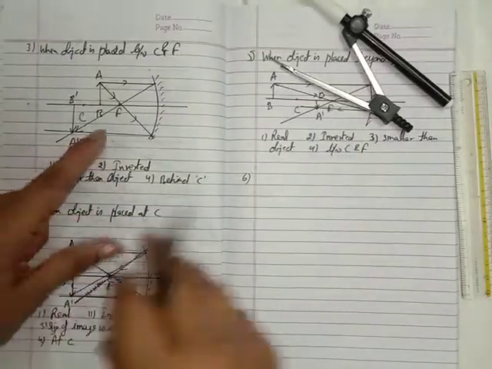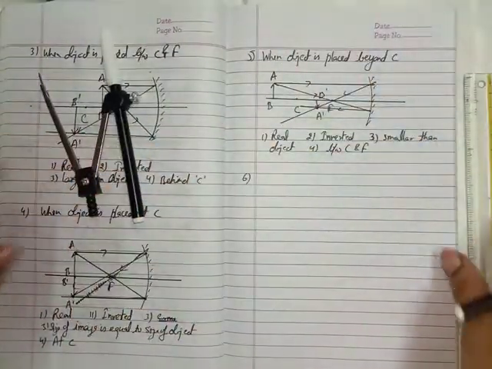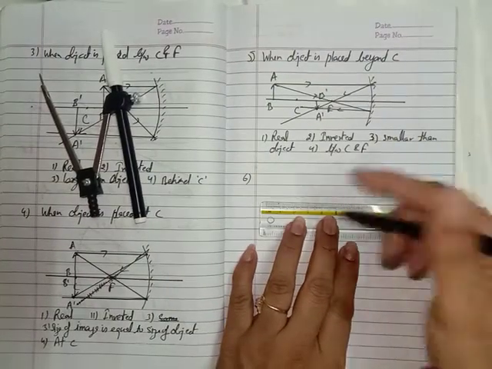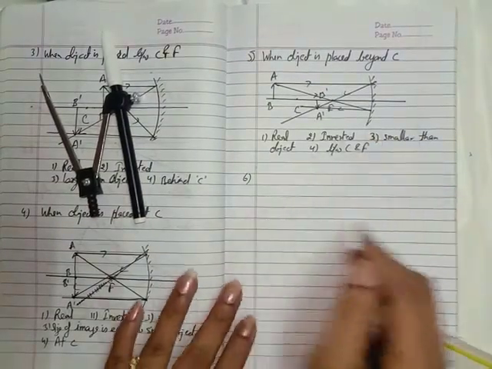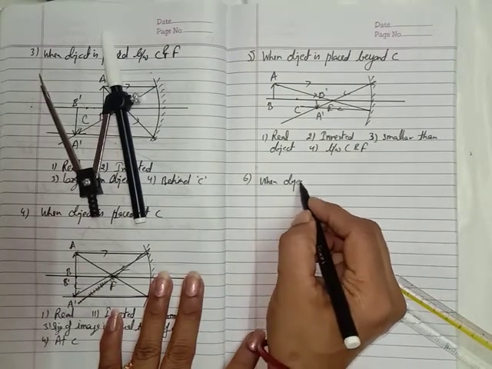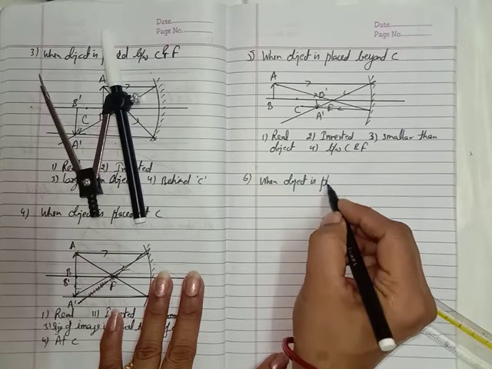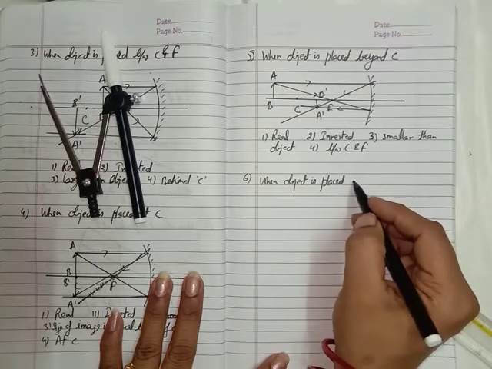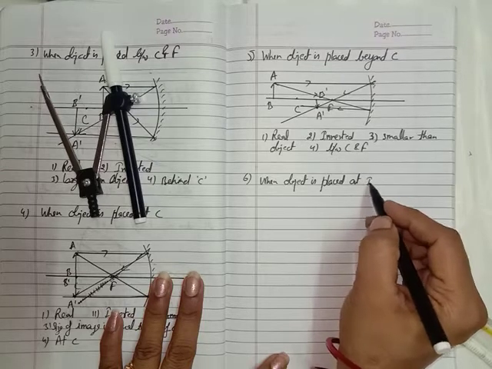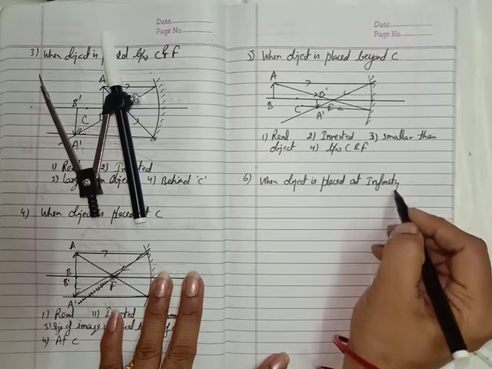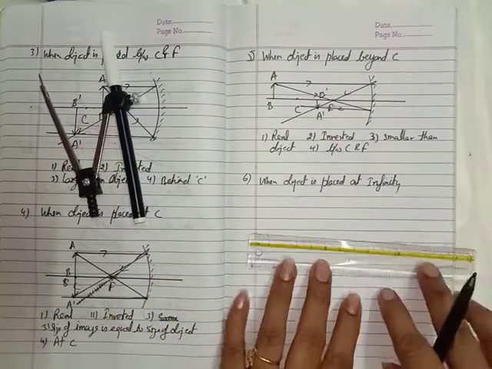And the last one is the image formed by the concave mirror when we place the object at infinity. So you should write here, when the object is placed at infinity. So what will happen?